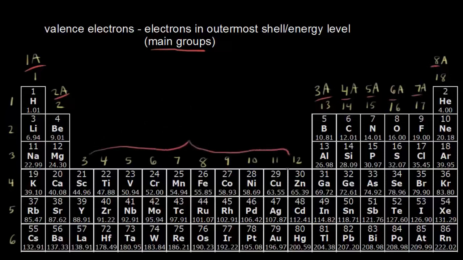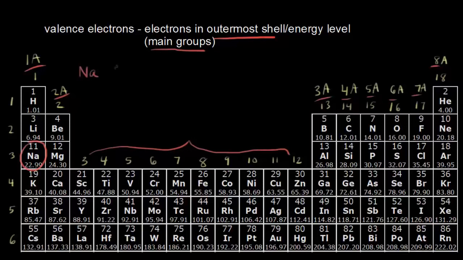If you're talking about the main groups, the valence electrons are the electrons in the outermost shell or the outermost energy level. Let's see if we can figure out how many valence electrons sodium has. If I wanted to write an electron configuration for sodium, I assume you already know how to do these.